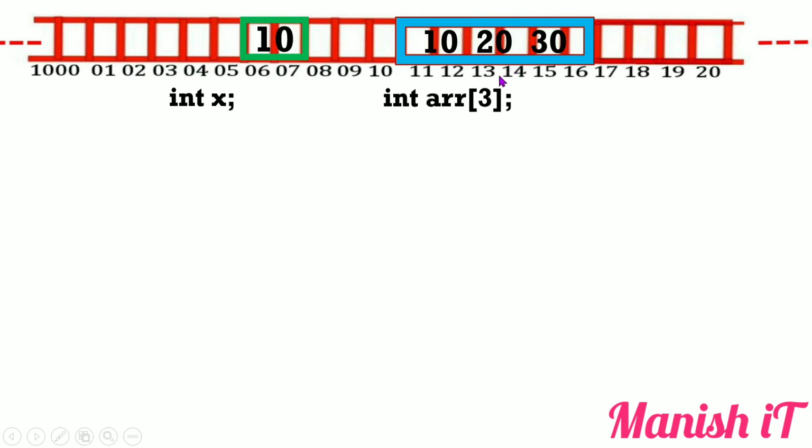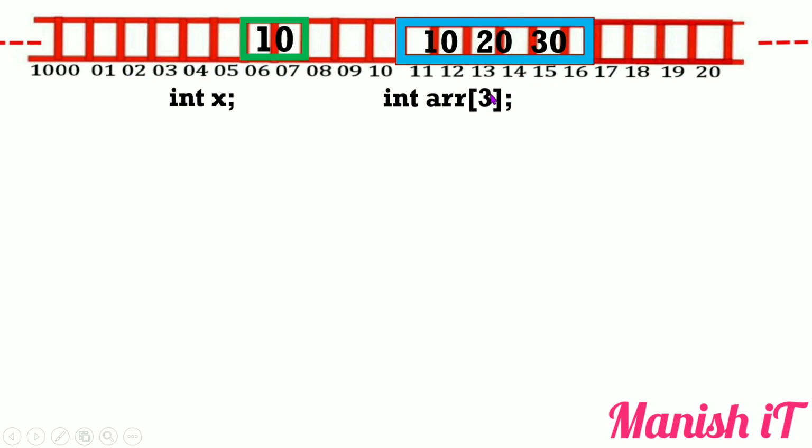But here the user again wants to add one extra value in the same array and memory block without using any other variable. That means without creating another array. So the user wants to increase the previous array size. Then what happens if the user wants to increase this array?